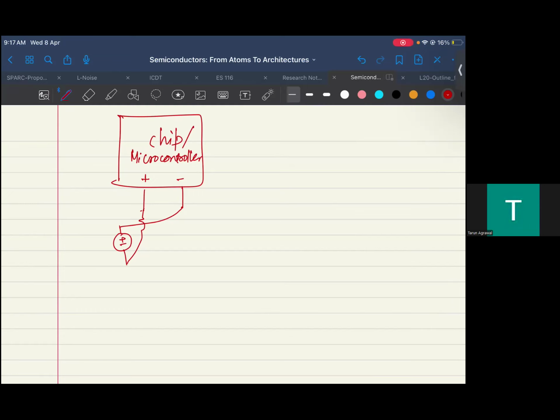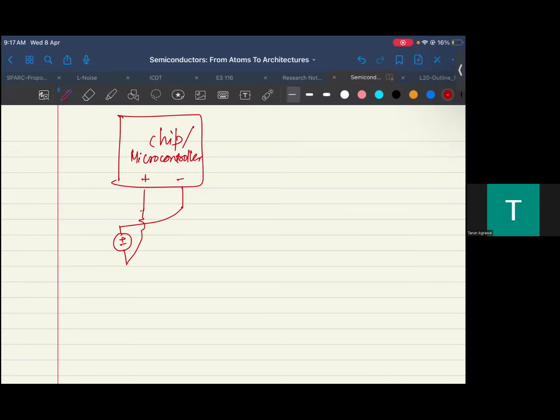So this can create problems in your circuit, because if a current flow starts to happen in your controller or chip, then I think you are done, right? Because that means something is happening which should not happen.